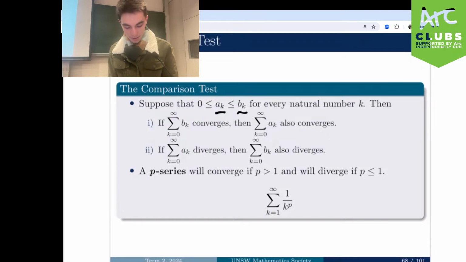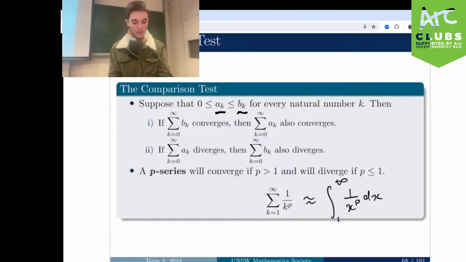And we arrive at this from something called the integral test, which we're going to go into later. Basically, we use the fact that this series behaves similarly to the integral of 1 over x to the p dx. And if you do integrate that, you'll arrive at the conclusion that p has to be larger than 1 for the integral to converge.